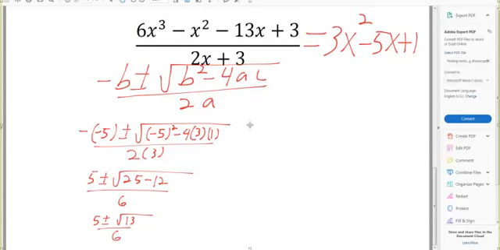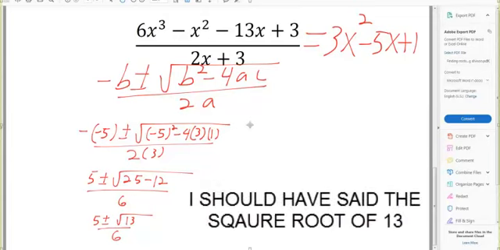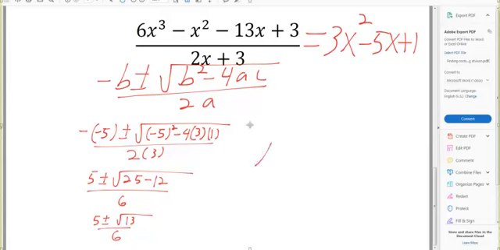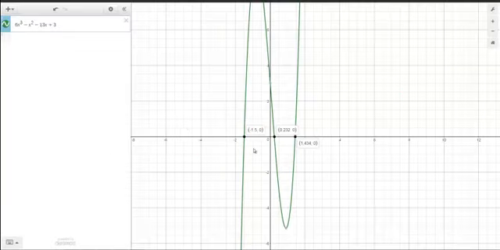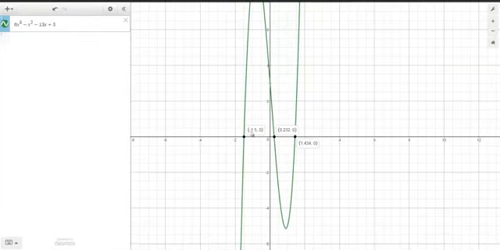And we can't do anything to simplify 13 because it is a prime. So if you want to leave it like that, that's fine. If you want to write out 5 plus root 13 over 6 and 5 minus root 13 over 6, that's okay too. So our roots will be, we'll write x equals negative 3 halves. And as we look at decimals, we have negative 3 halves right here.